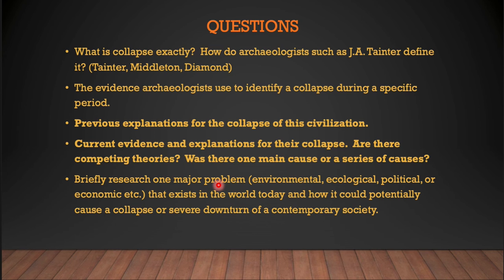But you want to discuss, let's say, how the coronavirus could potentially cause a collapse or severe downturn of a society today. It doesn't have to be our society. It could be another country. But you kind of have to talk about how that problem could cause a collapse, right? Not just that it's causing some problems, but a collapse.